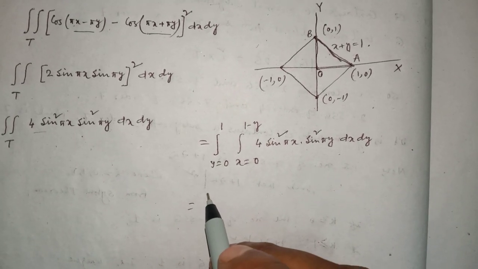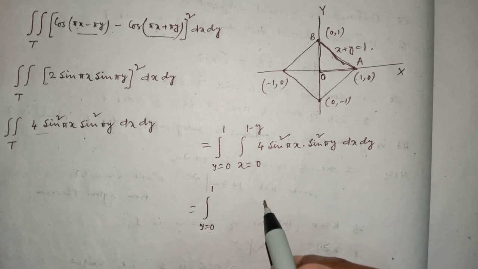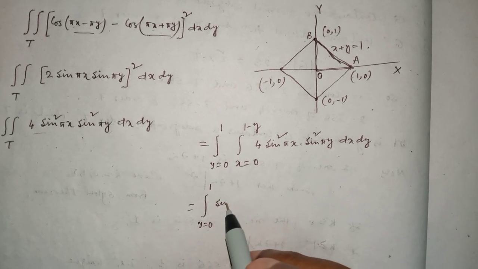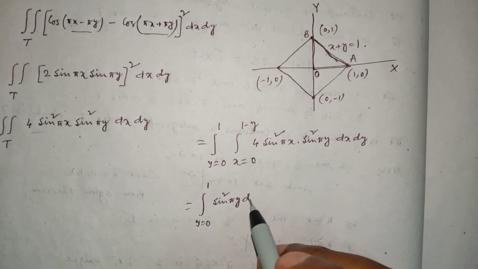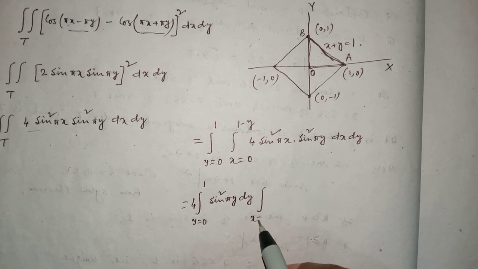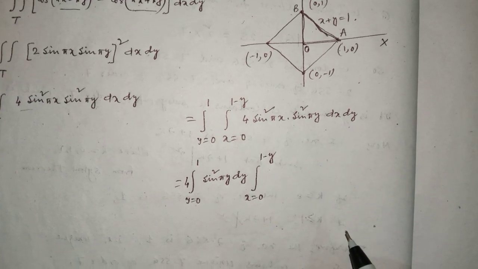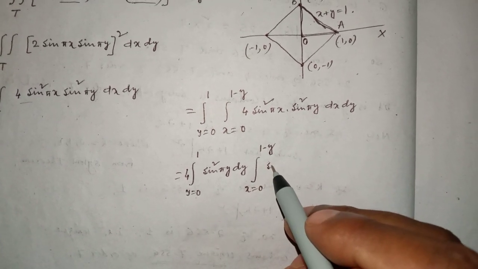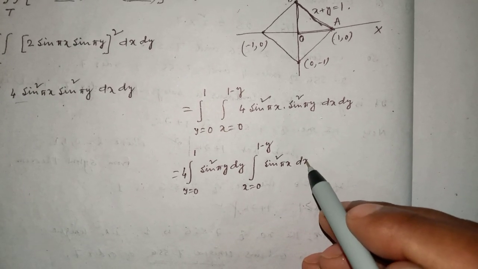This equals integration y from 0 to 1 of sin square πy dy, 4 into integration x from 0 to 1 minus y of sin square πx dx.